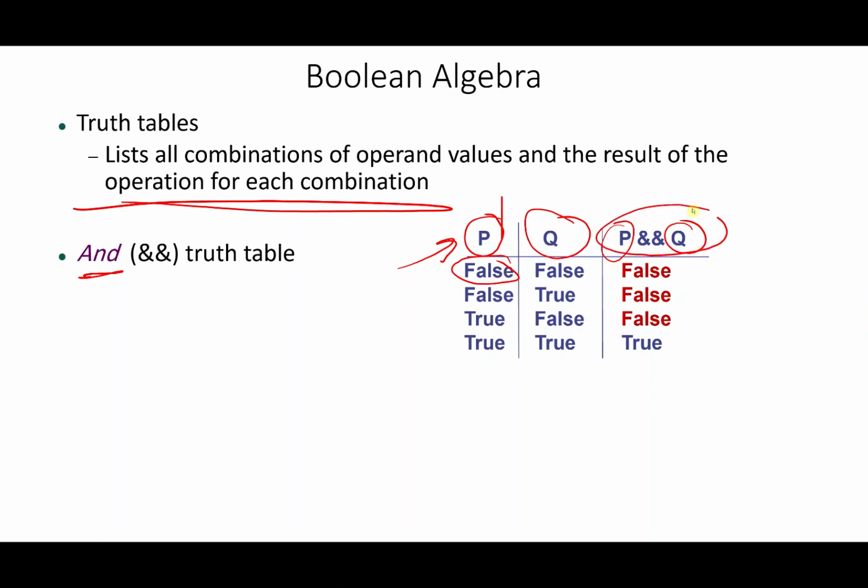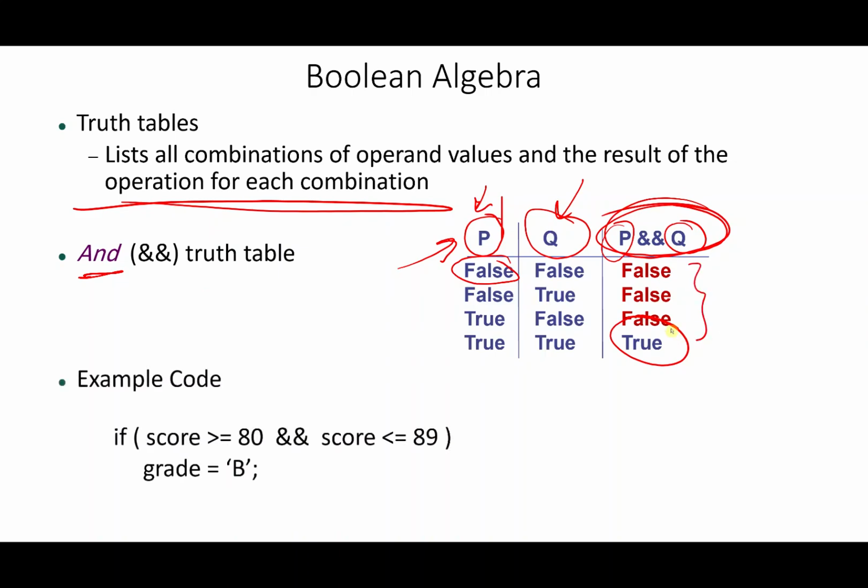You need both expressions to be true to get the final true. Otherwise, if any of them is false, then the combination using the and gives you false. What do I mean by that? If you have a Boolean expression and another Boolean expression, and you want to say that I need both Boolean expressions to evaluate to true to give you something.